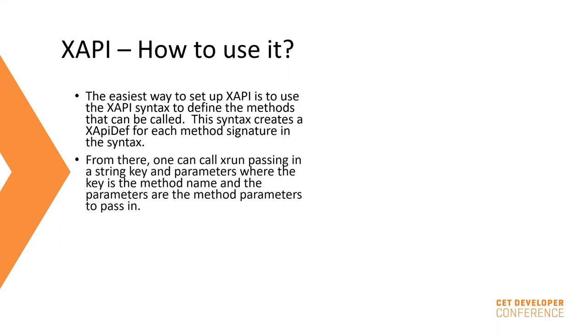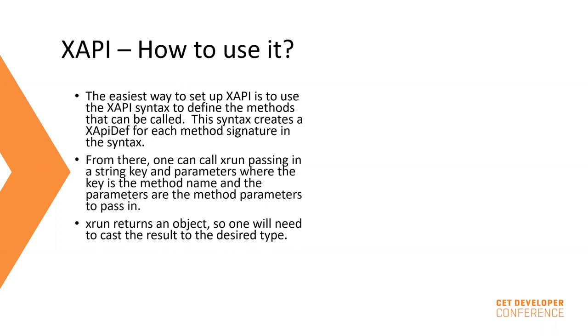Once the XAPI defs are defined for your object, you can then call xrun on any object of the class, providing the key of the def, which is most likely the method name, and any parameters for that method. And just like the get method on prop object, xrun returns a generic object, so anything that gets returned from an xrun call, you'll need to cast.